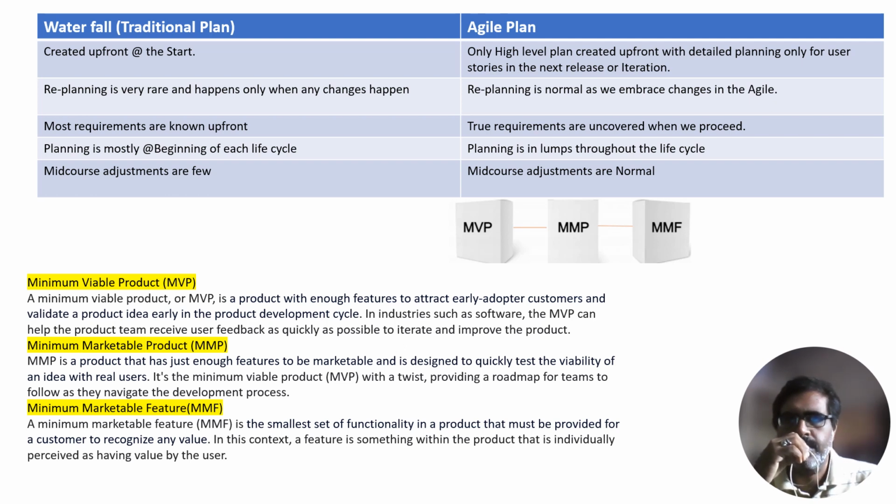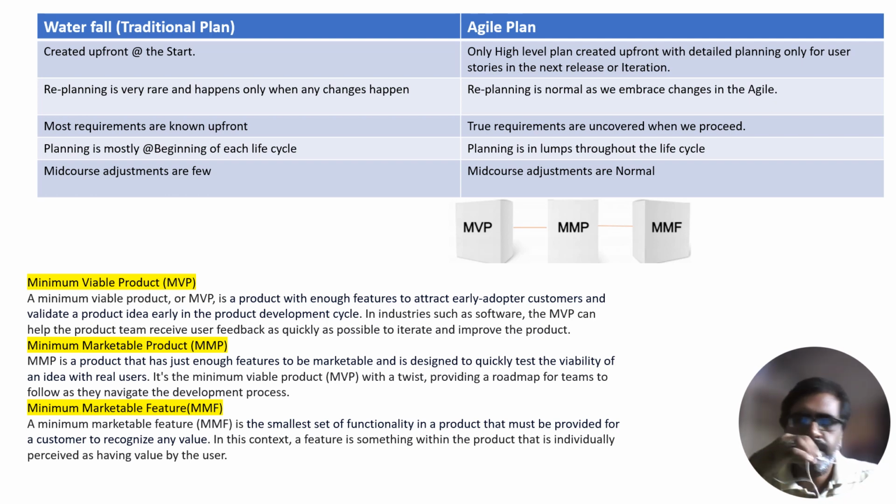In reality, planning in Agile might actually be more than in the traditional approach, as we do it in parts at several times and modify the plan with the changes. Finally, the traditional plans have few mid-course adjustments as compared to the Agile plans. This is because changes are anticipated more often in Agile.